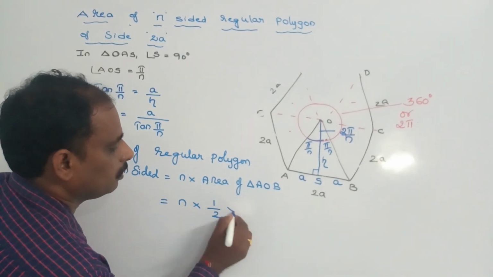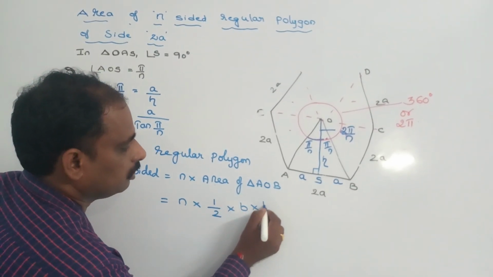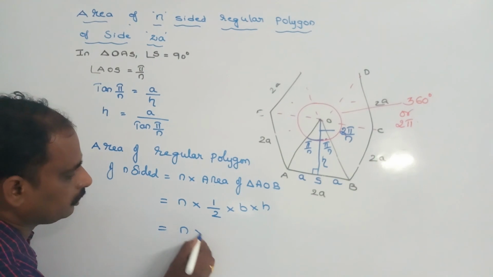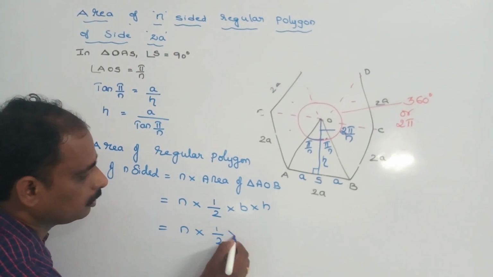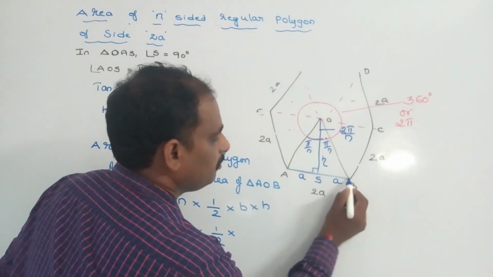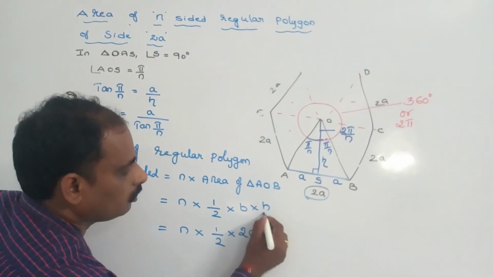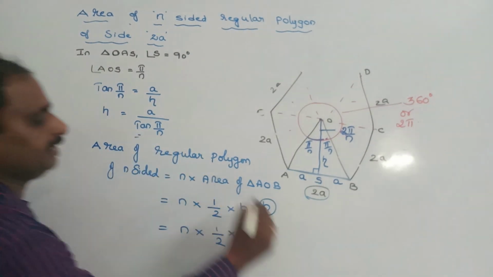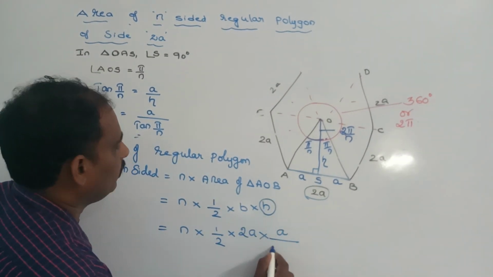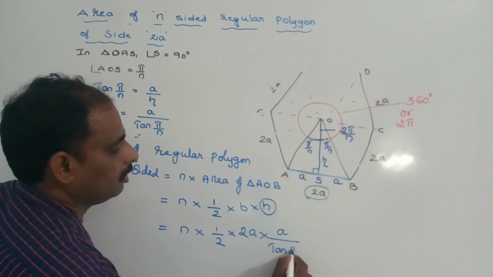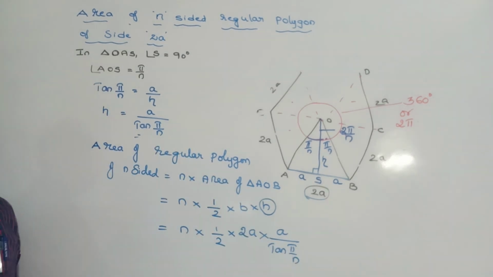Here the base is nothing but AB, which is 2a, and we already found the height is a by tan pi by n.